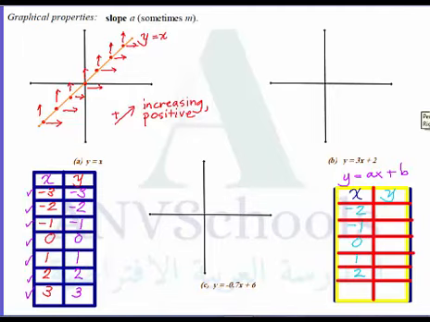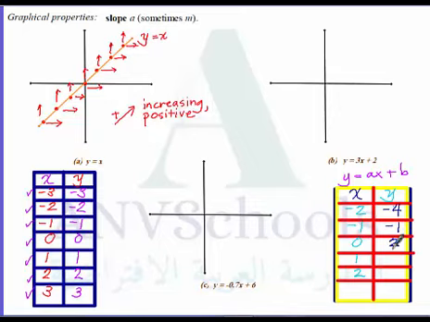So let us have our y value when our x is -2. So our y value here would be 3 times -2, that's -6, plus 2. So we have -4. If we have 3 times -1 for x, plus 2, that would be -1. If it is 0, then we have 2.